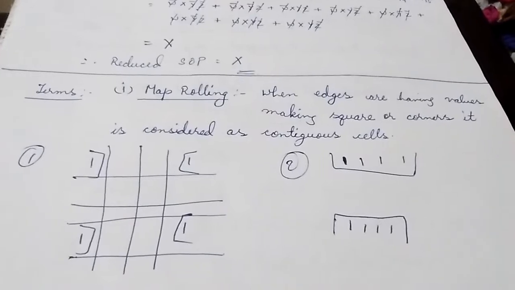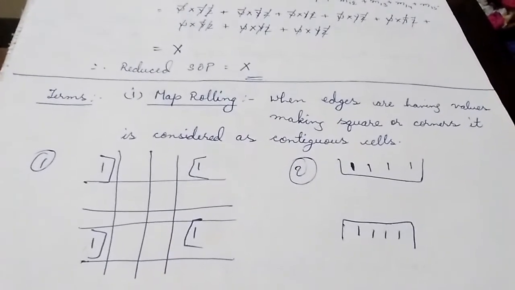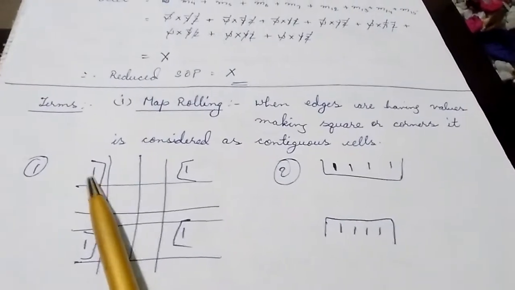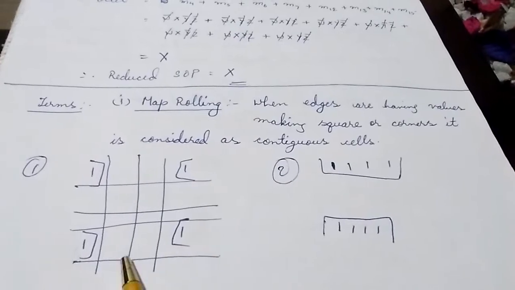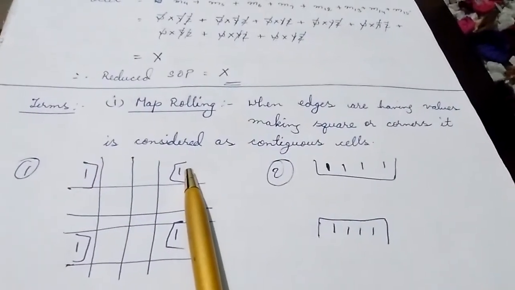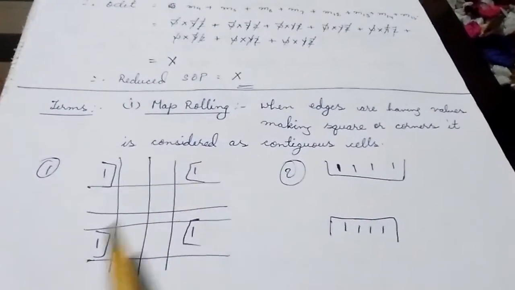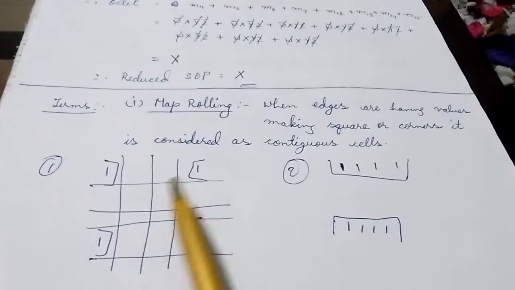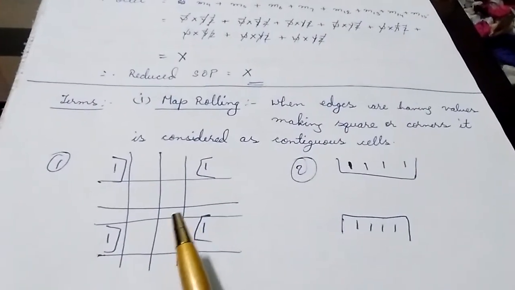Just like if we roll the paper, the two edges are combined and considered as a continuation. So if the corner cells are having values, it will be considered as a square. If only these two corners are having values, it will be considered as a pair. But if this corner and this corner have values, we cannot overlap corner-wise. So that is not applicable.